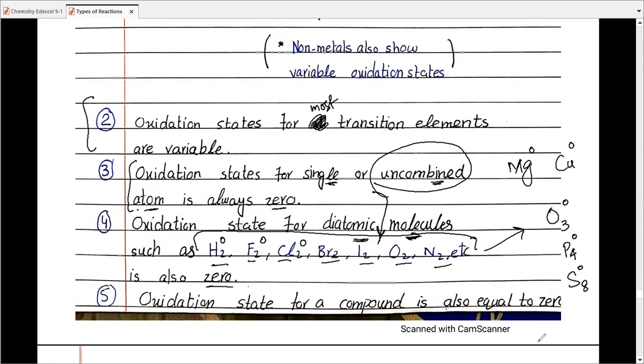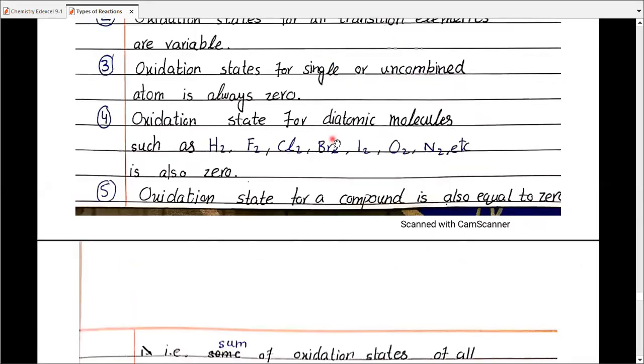If an atom is not combined with a different atom, no matter how many atoms are there in the formula, we always take the state as zero. Are we good with the first 4 rules? Good. If we're good with these, let's move on to the fifth one.